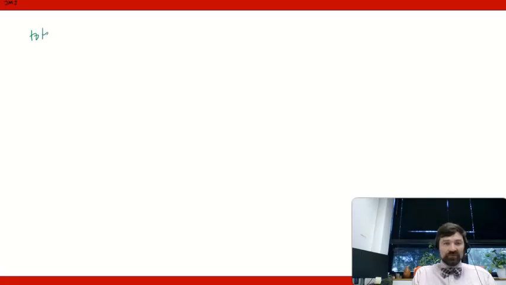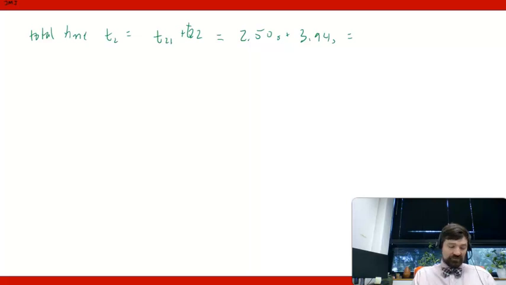So total time T2 becomes T21 plus T22, which is 2.5 seconds plus 3.94 seconds, which comes out to 6.436, so 6.46 seconds. Okay, so conclusions.